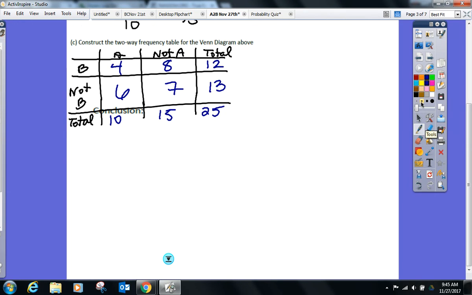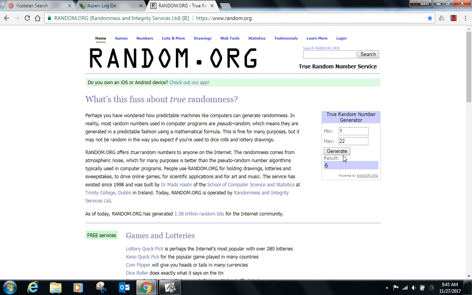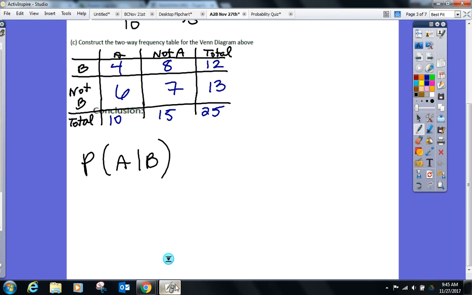Okay, here's our conclusion here. Go back to the first question I asked you, which was the probability of A given B. That's what I asked you first in part A. What did we get for an answer there? Okay, 4 over 12, but yes, 1 over 3.